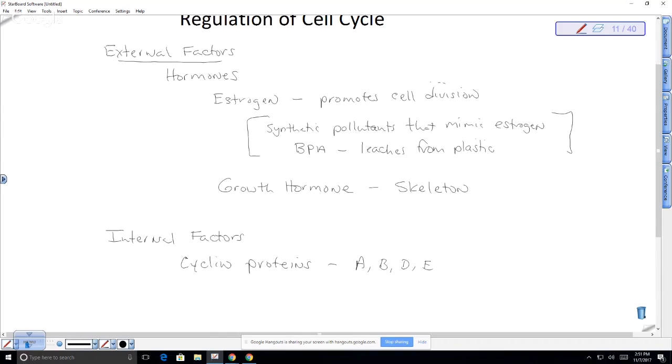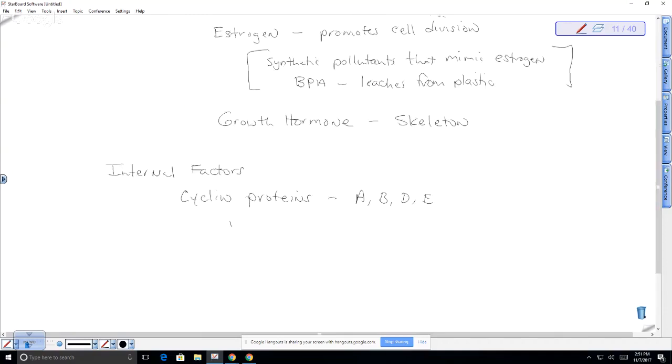So if the appropriate cyclin protein is present, the cell cycle continues. Okay, if the protein is absent, right, the cell cycle stops.